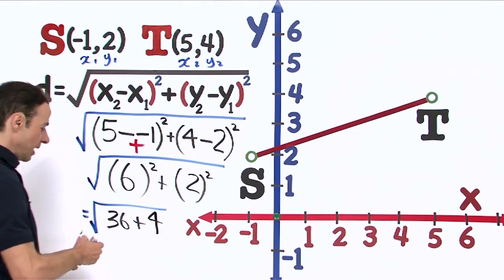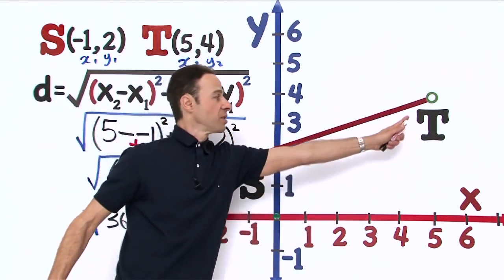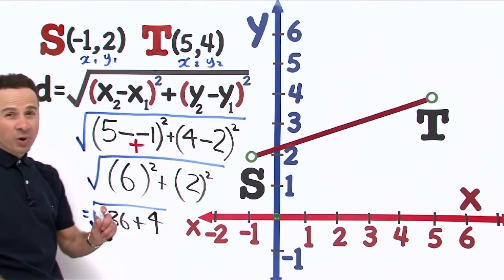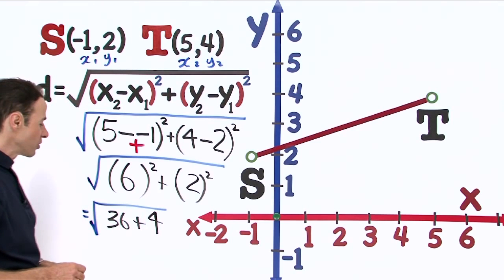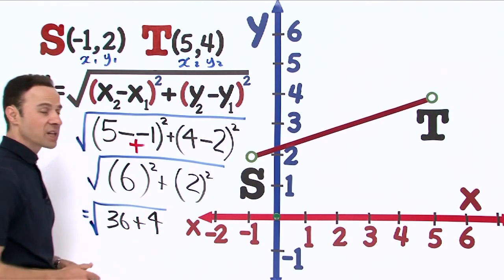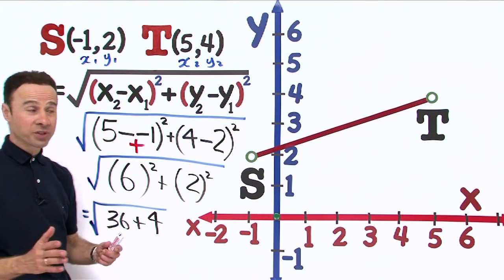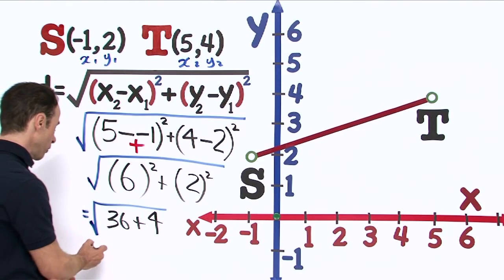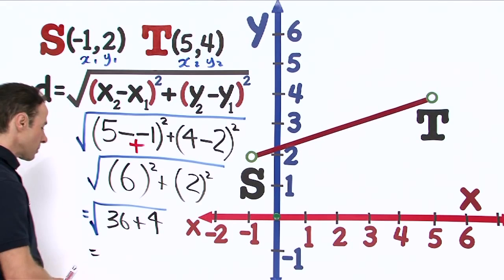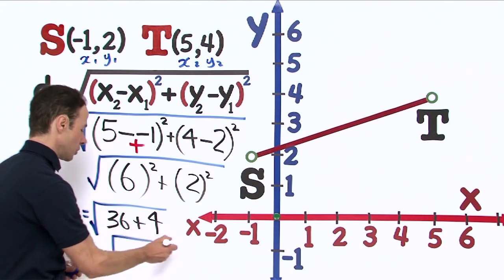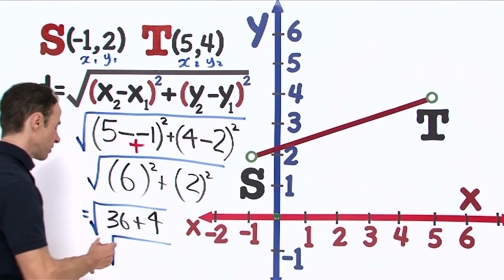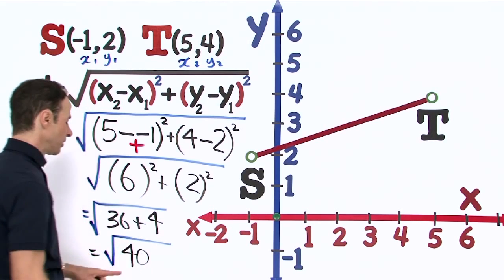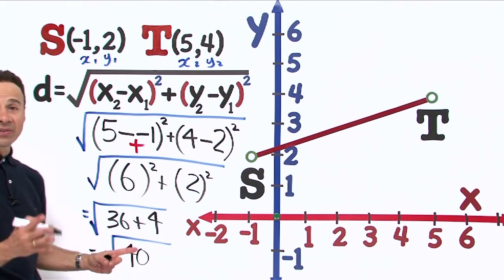We're looking at our distance between S and T, that length around there. We're looking at an approximation of around 6, as I said earlier, visually. So 36 plus 4 is a grand total of 40. So the distance there is the square root of 40, always keeping that square root sign. Now all we need to do is go on the calculator and work out the square root of 40.